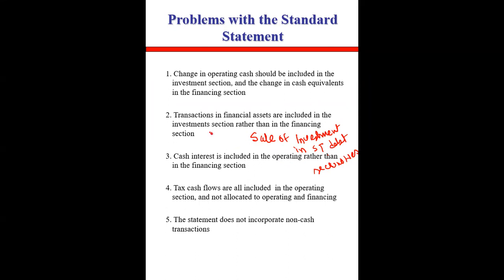Out of the three sections, cash flow from operation, cash flow from investment, cash flow from financing, where will this item appear in the standard cash flow statement? Sale of investment, proceeds from selling investment.